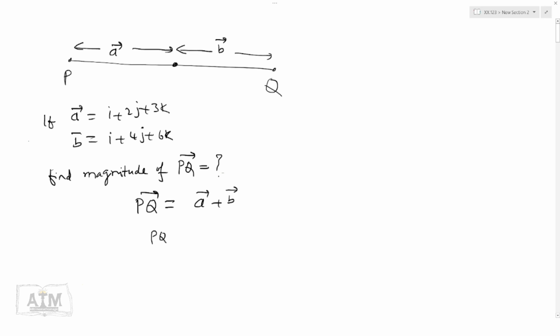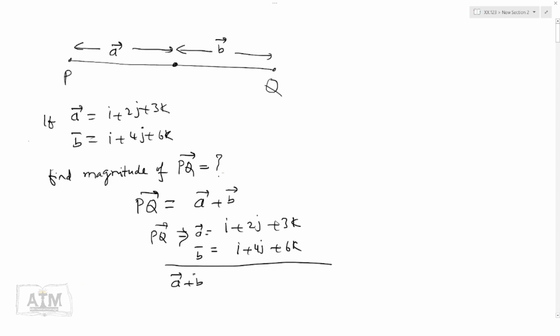So vector PQ is nothing but vector A plus vector B. Vector A is i plus 2j plus 3k, and vector B is i plus 4j plus 6k. So vector A plus vector B equals 2i plus 6j plus 9k.